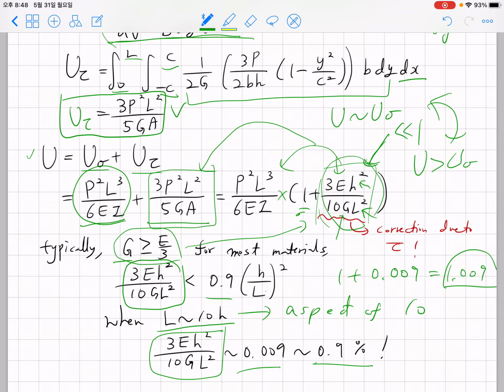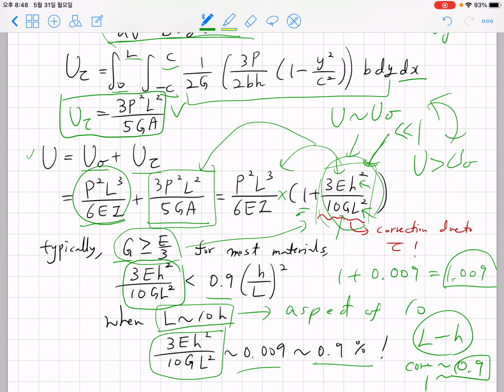So whether you add this term or not, your answer will be almost the same. This is the case when the aspect ratio is around 10. If the aspect ratio is small, if L is similar to h, then the correction factor will be almost 0.9, which is comparable to 1.